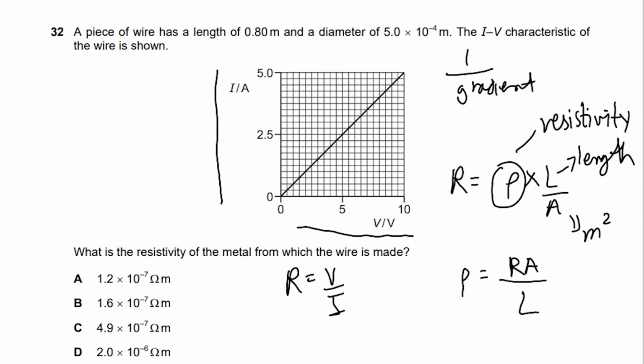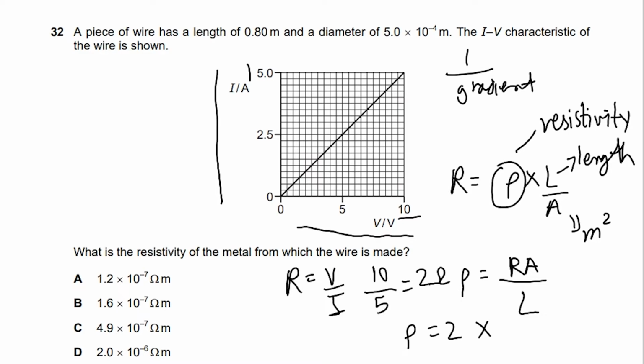Or you can simply divide 10 by 5, or you can use any other values. So we are dividing 10 by 5, and the resistance is 2 ohms. Okay, so we'll use the resistance as 2 ohms. Rho is equal to 2 multiplied by area. Now we have to find out the area.